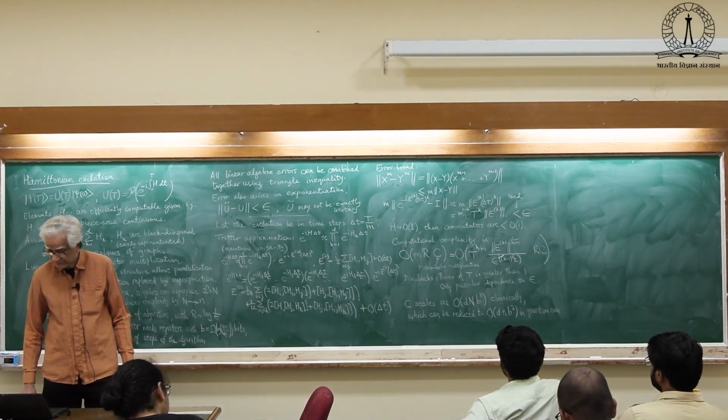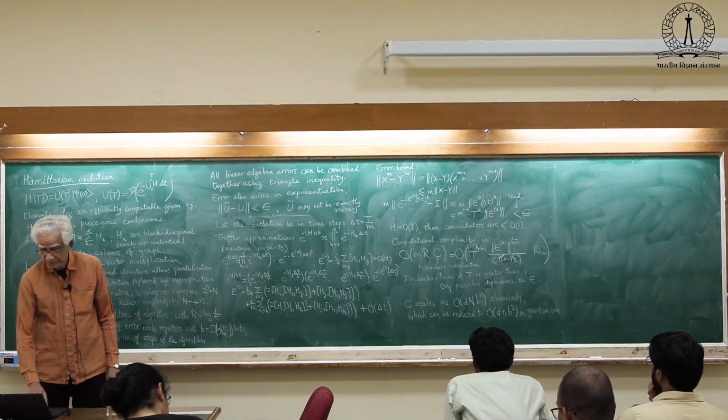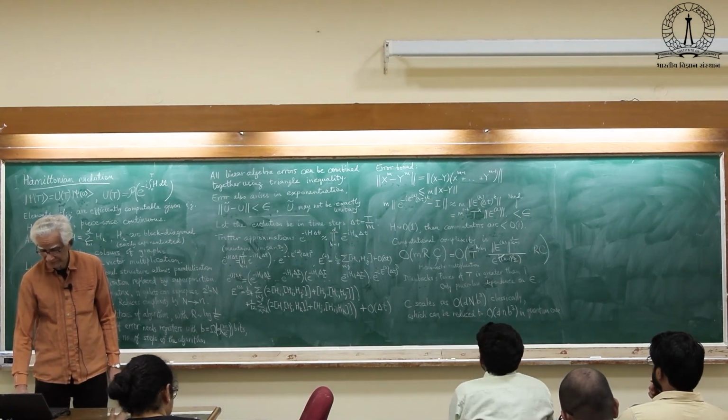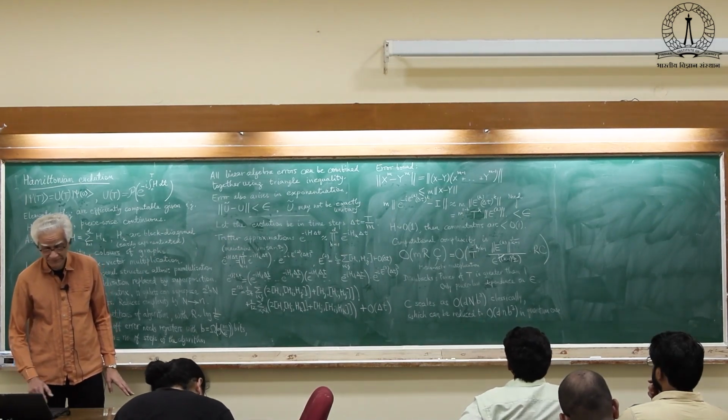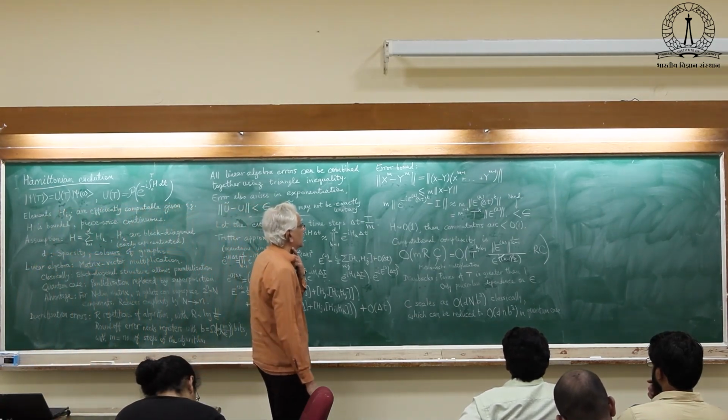Okay. Now comes the question about what you should do to get out of this Trotter type of approximation.